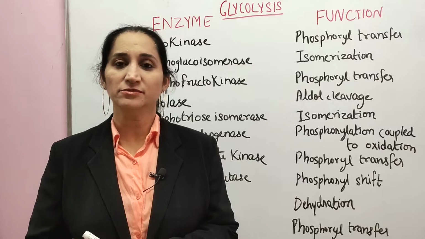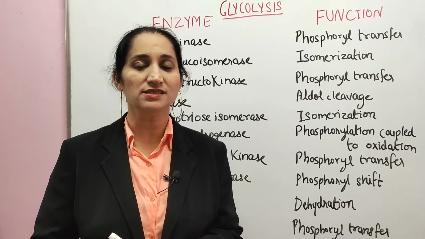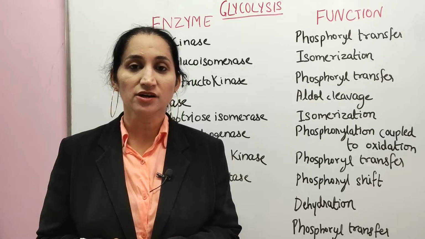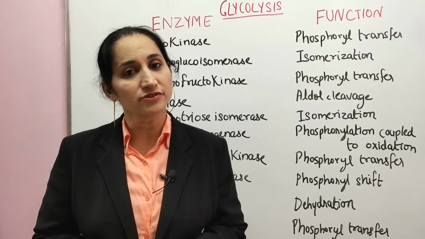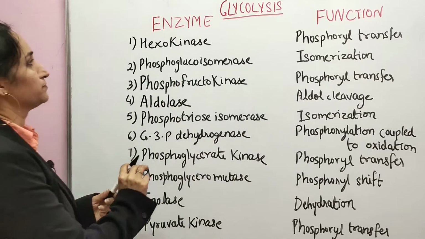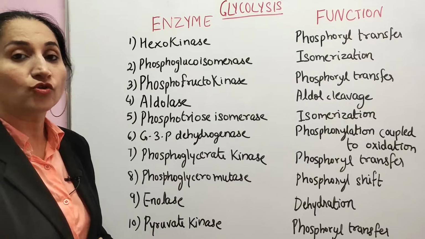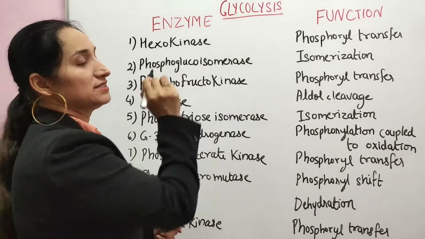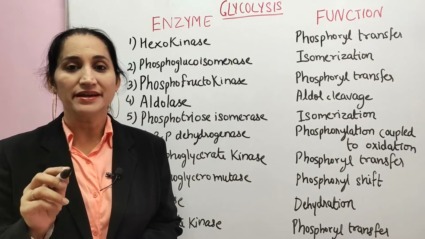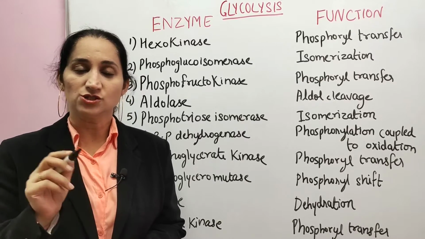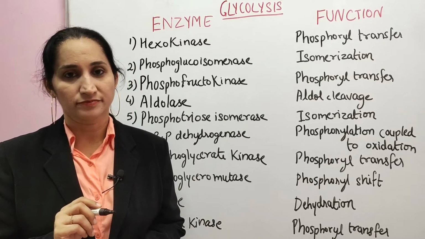The first enzyme that is used in glycolysis, in the first step, when glucose gets converted into glucose 6-phosphate, was hexokinase. Now what is the function of a kinase enzyme? Kinase enzyme adds chemicals like phosphate to other molecules such as sugar or protein.